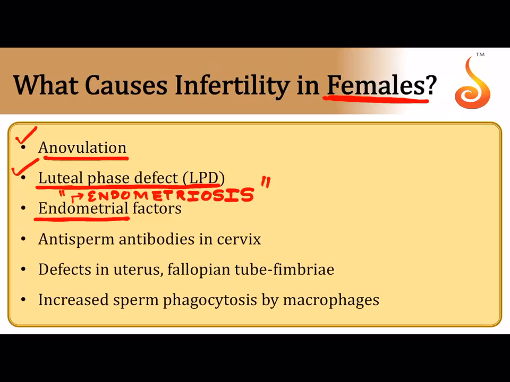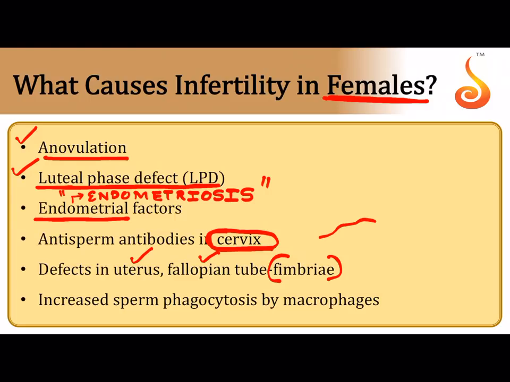Then, just like we saw, the male can have anti-sperm antibodies in the semen. The female may also develop anti-sperm antibodies in the cervix and in the vaginal regions, and this may be a cause for infertility in females. It may destroy the sperm that makes its way inside the female reproductive tract. There may be a lot of defects in the uterus, defects in the fallopian tube, especially defects in the fimbriae.